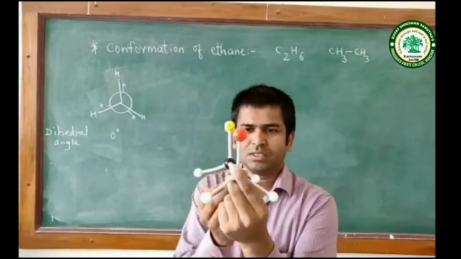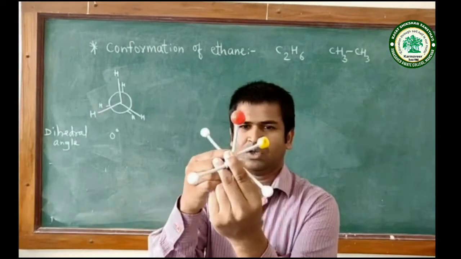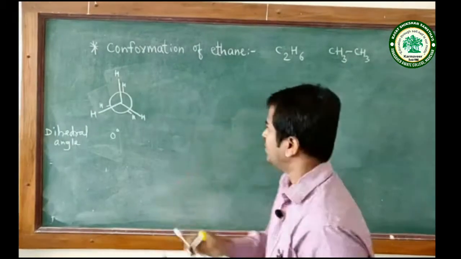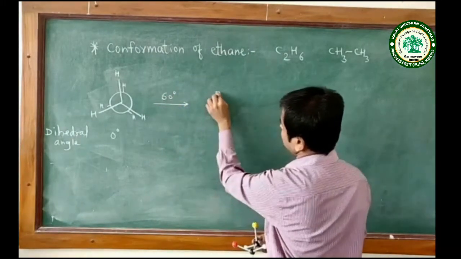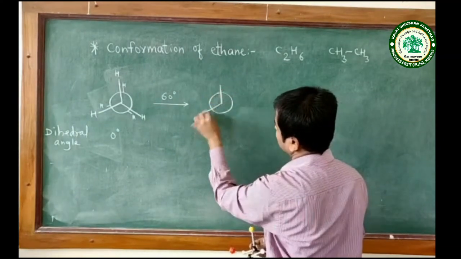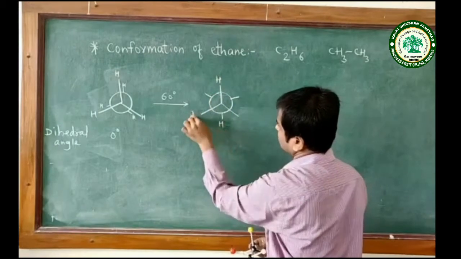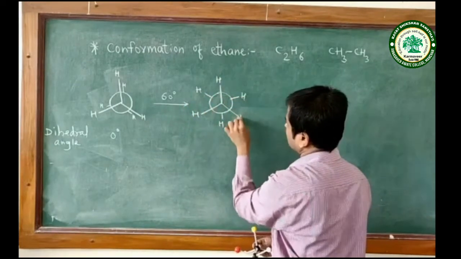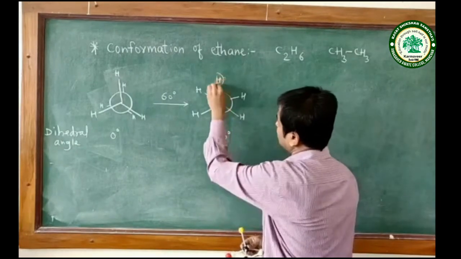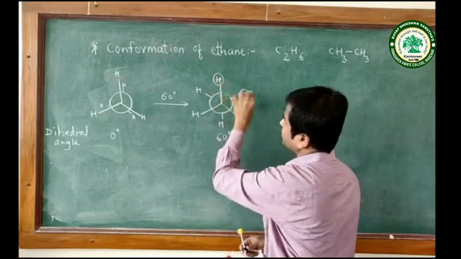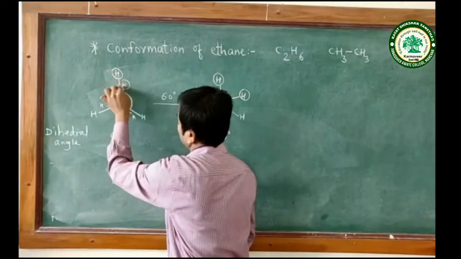Now we rotate these by 60 degrees. You can see, the structure obtained is like this. Okay, and the dihedral angle between these two hydrogens is 60 degrees.